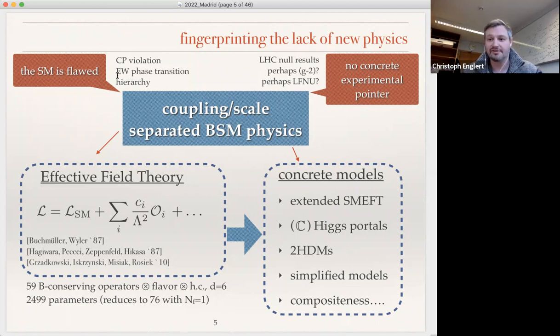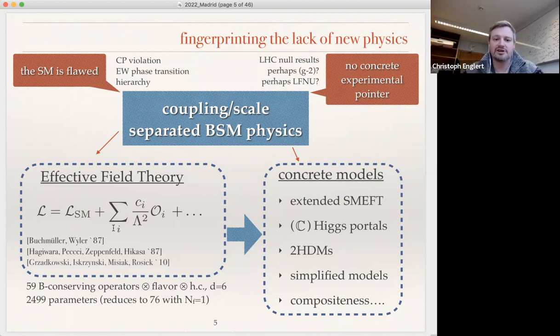And of course, this will set the limitations of whatever I'm going to say. As long as you allow light degrees of freedom, there will be modifications of what I say, and this will show up later on. So if you integrate these out, you can write down an effective field theory approximation, pretty much like the Fermi theory of the weak scale.